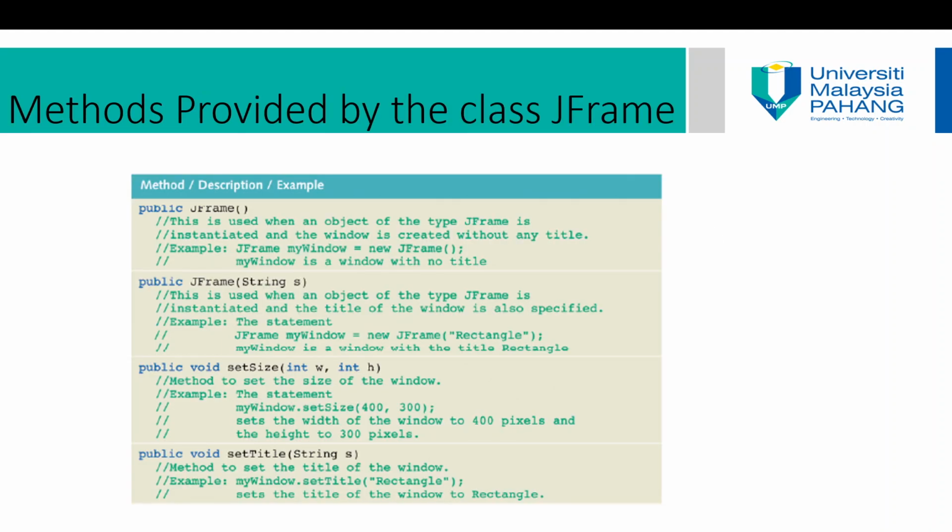Inside the JFrame class there are many constructors. You see that there are two constructors here: JFrame with an empty parameter, and another one with one parameter. Then we can use a setter to set the size of the frame as well as to give the frame a title, and we provide them in the argument.